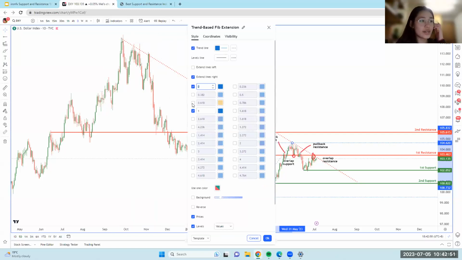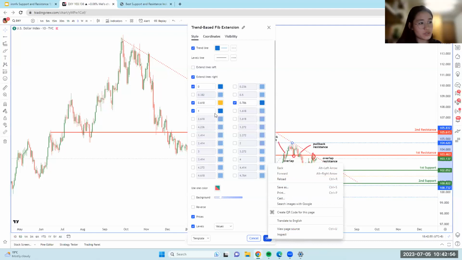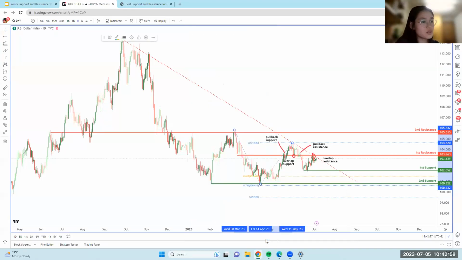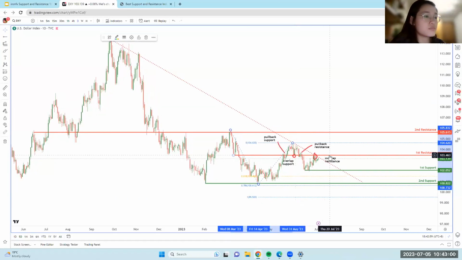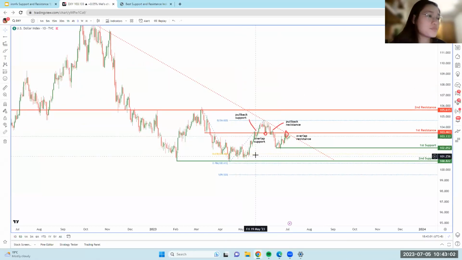So I'm looking for a Fibonacci projection. So for Fibonacci projection, we use these three levels. Okay, and I can see my 78.6 lines up nicely.